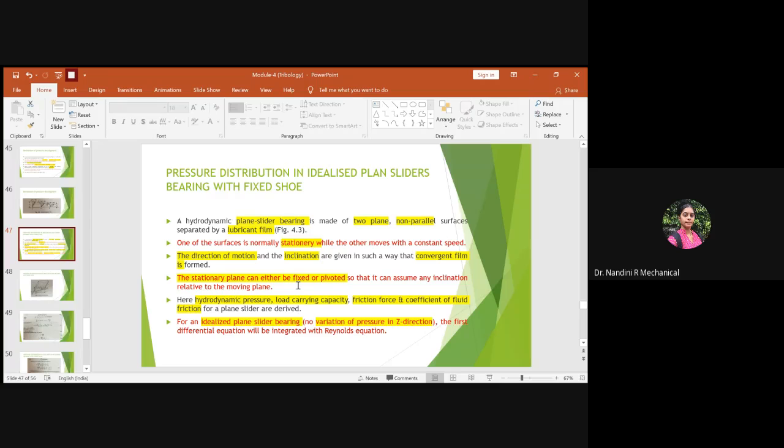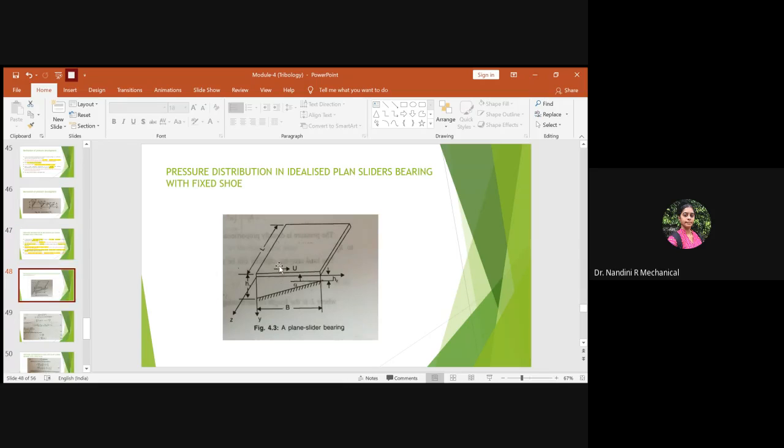So when we assume that the bottom plate is fixed, so it is stationary, then you will get the relative motion with respect to the surface wherein the top surface is moving. So the relative velocity with which the oil will be moving here will vary. It will be higher towards the top surface and least towards the bottom surface.